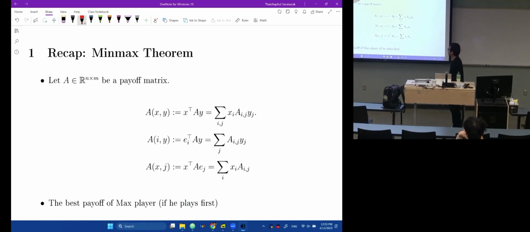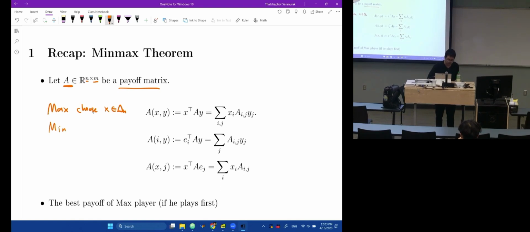First, we talked about two-player zero-sum games, right? A two-player zero-sum game is described by just one matrix, A, which is a payoff matrix, with n rows and m columns. Basically, the max player will choose a distribution x over rows, and the min player chooses a distribution y over columns.